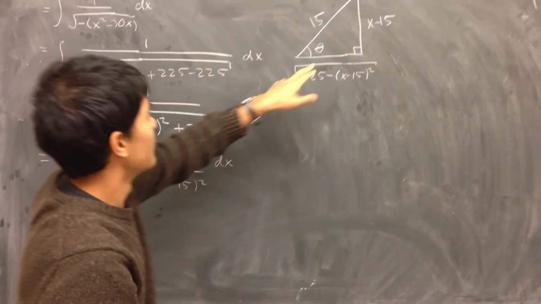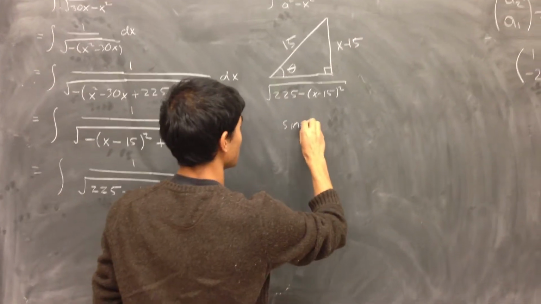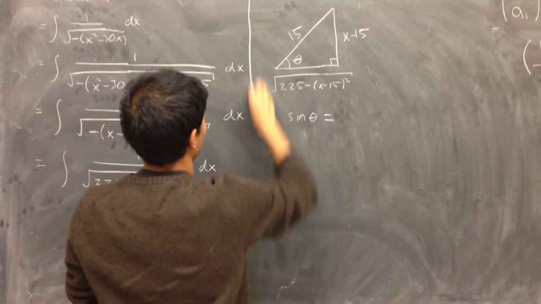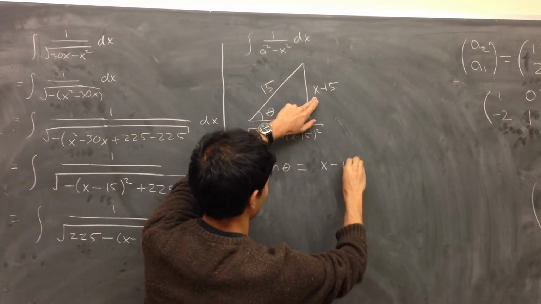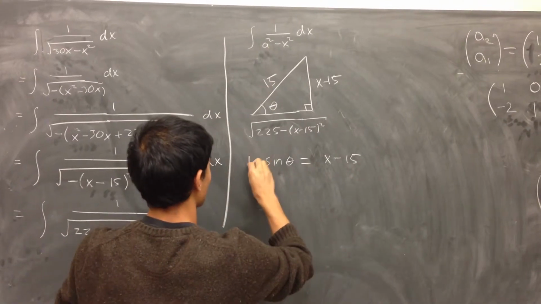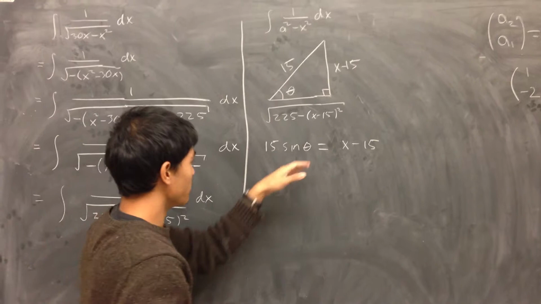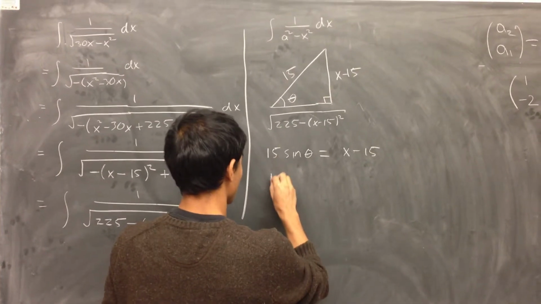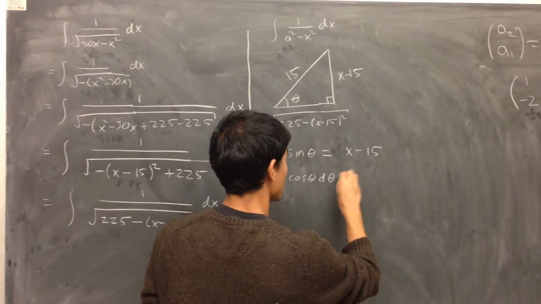Now we can use our trig substitution. We let sine theta be opposite over hypotenuse, so I'll multiply both sides by 15. And now we can take the derivative of this. So this is 15 cosine theta d theta equals dx.